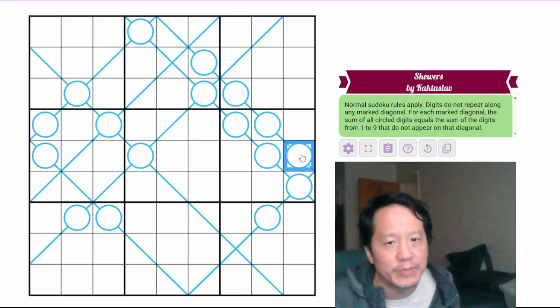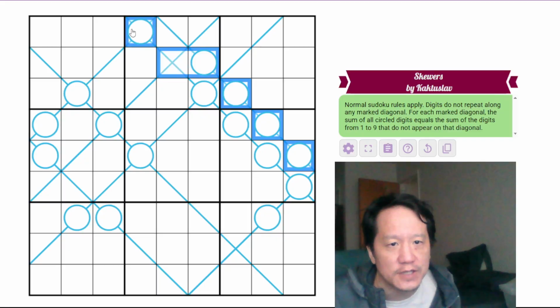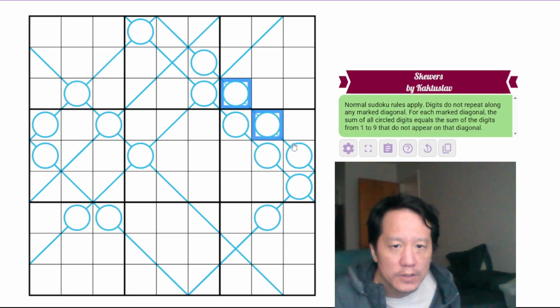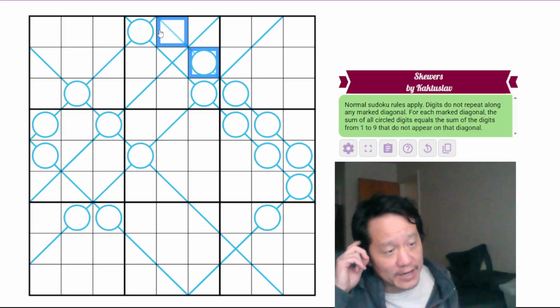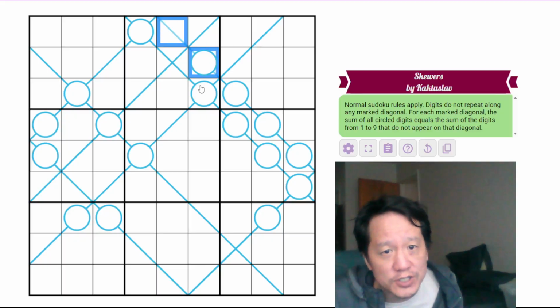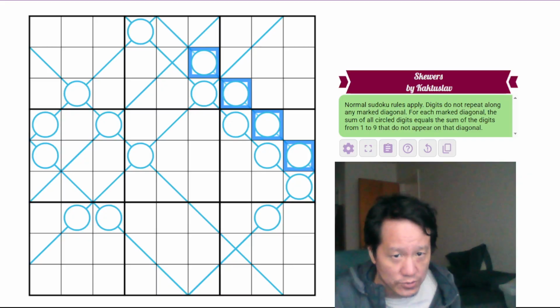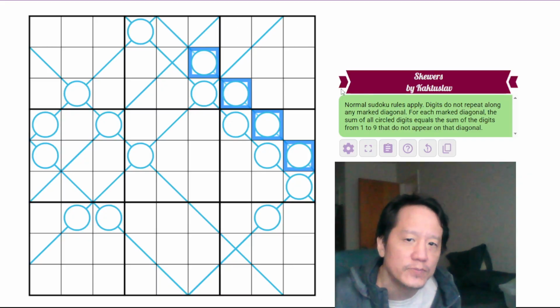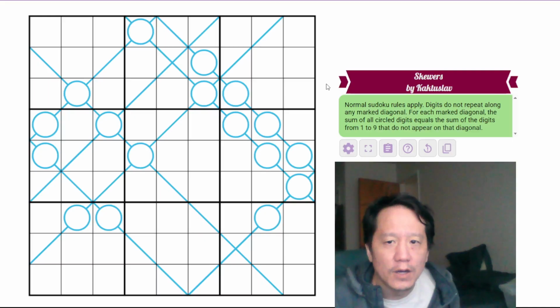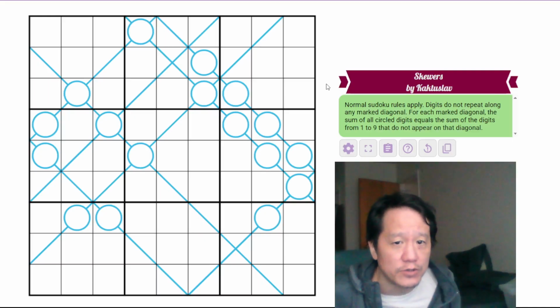So there's a certain amount of digits that will appear on the diagonal. The digits that are not on that diagonal must sum to the digits that are in the circles. Interesting. And those are all the rules.